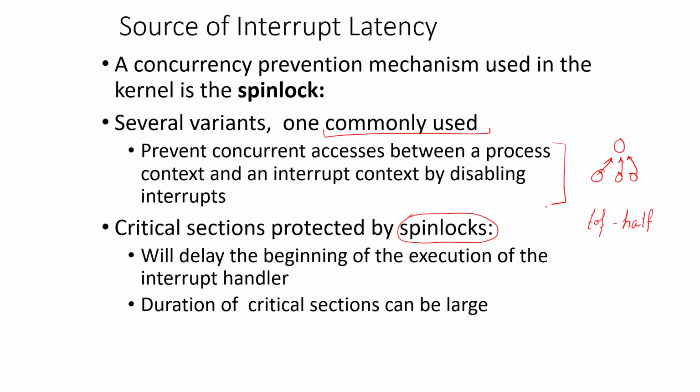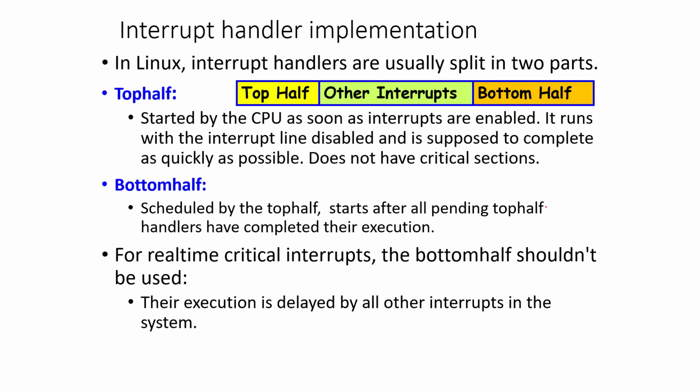Also, developers found out that even if it doesn't access a critical section, it's not a big deal. So it is very important to protect spin locks and understand that if tasks holding spin locks get preempted, then the rest of the tasks may have to wait for a long time.